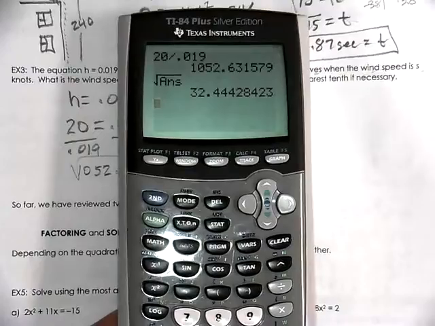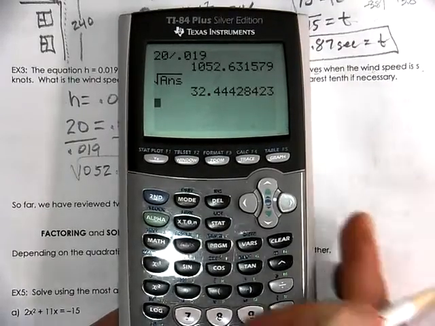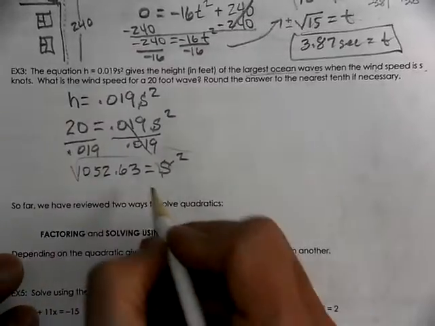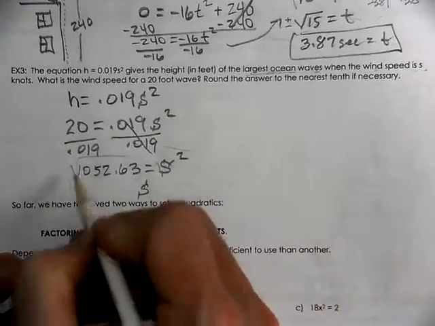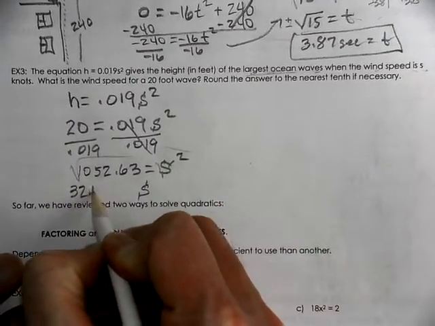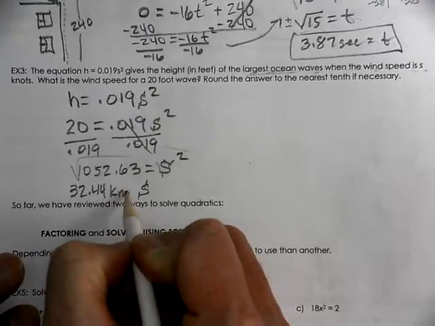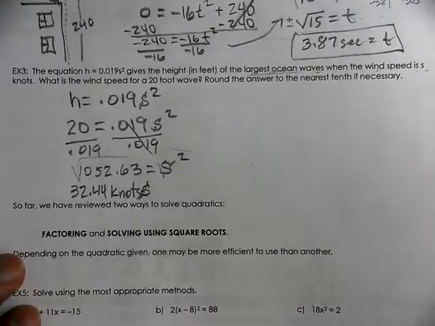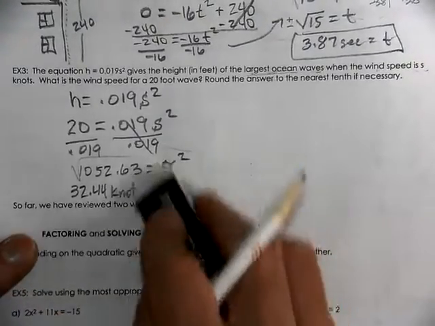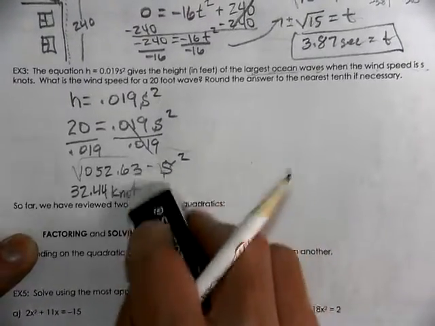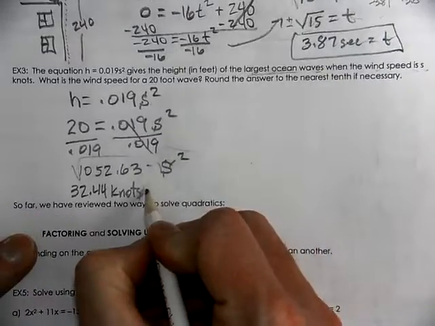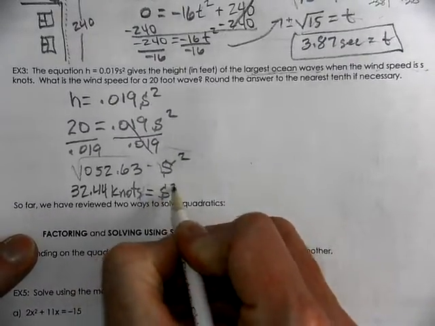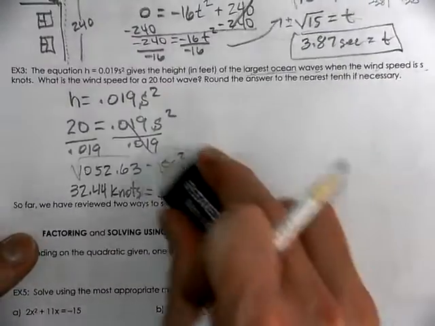That's minorly different as if you typed it in as a rounded number. So 32.44. The wind speed would have to be 32.44 knots. That's no longer squared.